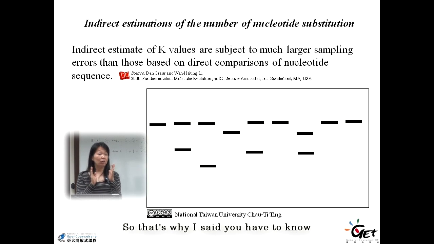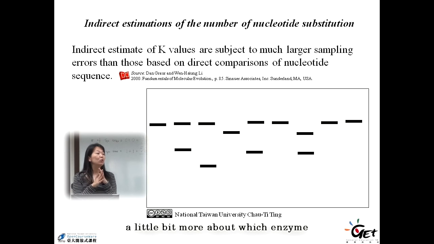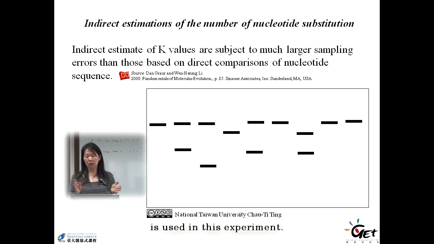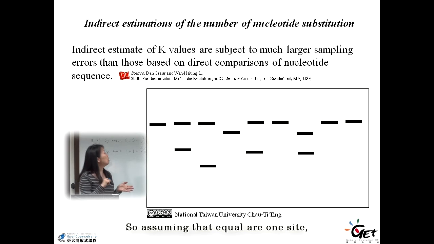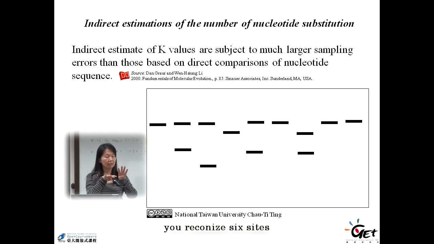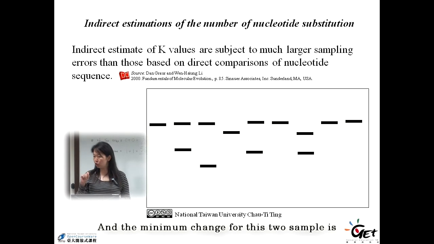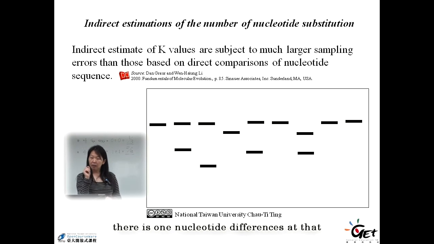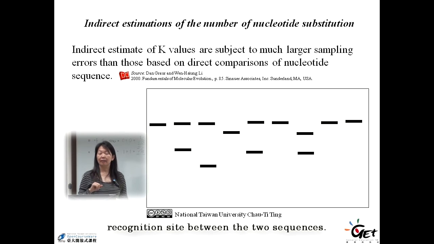So that's why I say you have to know a little bit more about which enzyme is used in this experiment. So assuming that's an EcoRI site, and it's a 6 cutter, you recognize 6 nucleotides, and the minimal change for these 2 samples is 1 nucleotide difference at that recognition site between the 2 sequences.